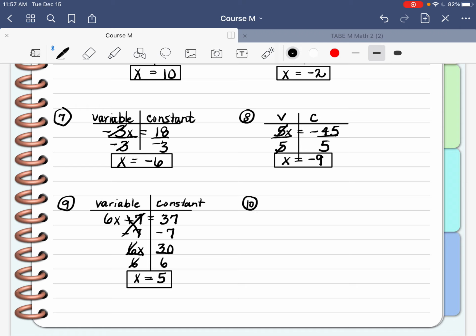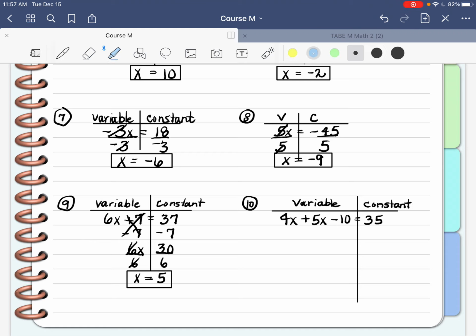Number 10. I have a 4x plus a 5x minus a 10 equals 35. No parentheses, so you can go ahead and draw your power t. Variables are on the left. Constant is on the right. But we do need to combine some like terms here.